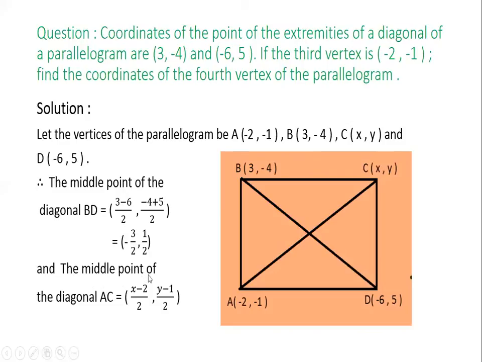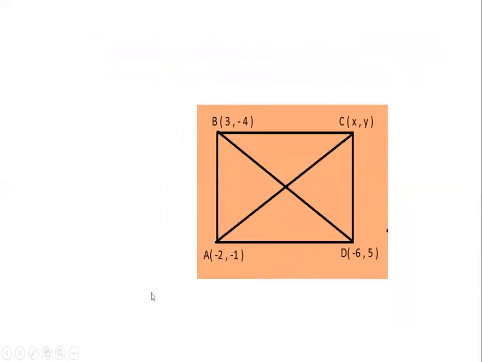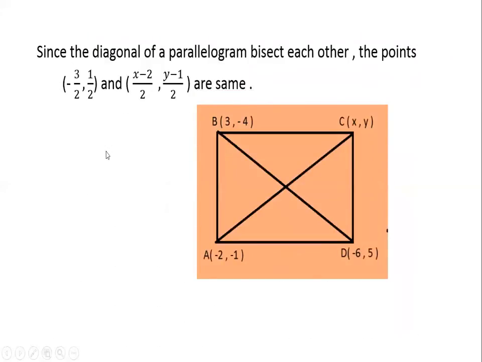And the middle point of the diagonal AC is x minus 2 by 2, y minus 1 by 2. Since the diagonals of a parallelogram bisect each other, the points -3 by 2, half, and x minus 2 by 2, y minus 1 by 2 are same.